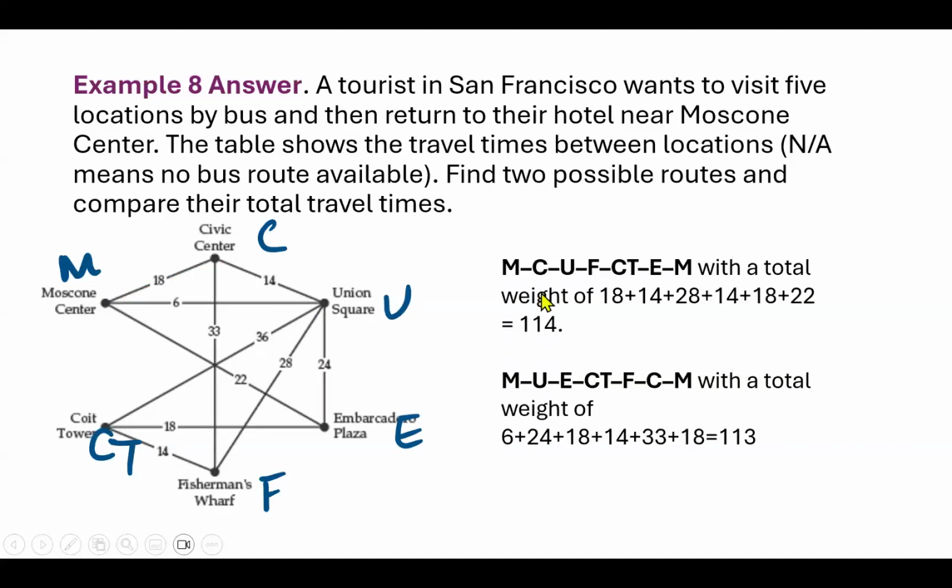I created different ways. So this would be one path, going from Moscone Center to the Civic Center, to Union Square, then all the way down to Fisherman's Wharf, and then to Coit Tower, and then to Embarcadero Plaza, and then up to Moscone Center again.